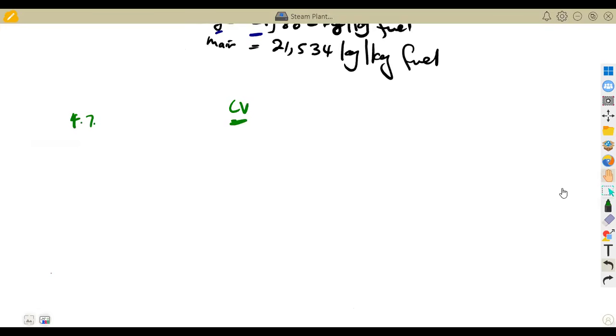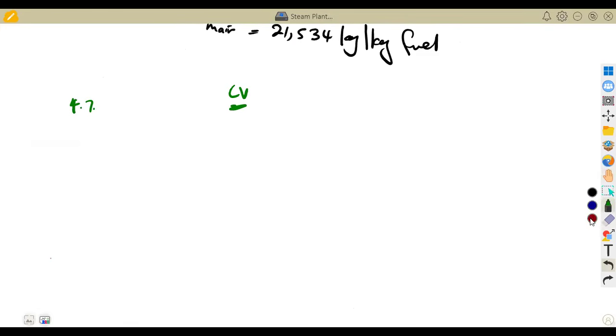So our remainder, the one that we're going to take to the radiation, I'm just going to write as H, or you can write it as Q radiation. So it's going to be the calorific value minus the percentage from our thermal efficiency times the calorific value.